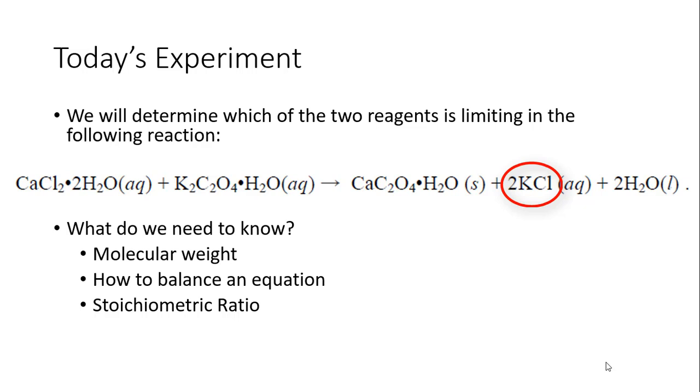So we need to know how to balance the equation so that we can have the proper stoichiometric ratios of reagents when we try to calculate the amount of one reagent relative to an unknown reagent, something that we don't know. We're able to quantify one in terms of the other. If I have the moles of potassium oxalate, I can use the stoichiometric ratio from the reaction to determine the number of moles of calcium chloride, and so on and so forth.